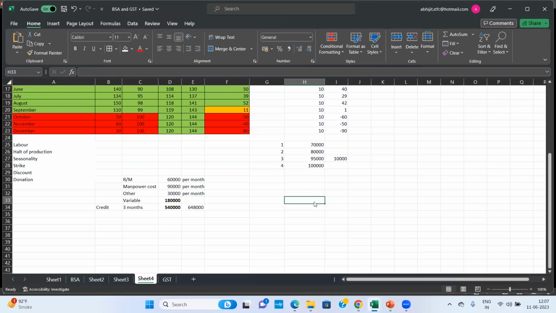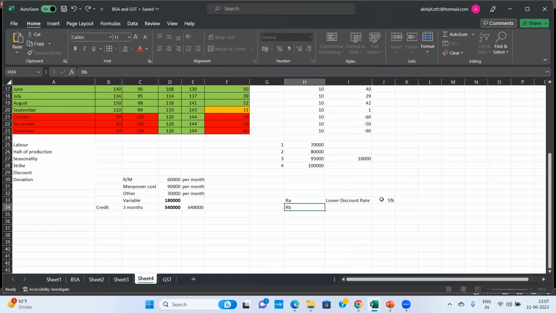There is something called lower discount rate, RA. Say this is 5%. Next one is RB, which is higher discount rate. Say it is 7%.